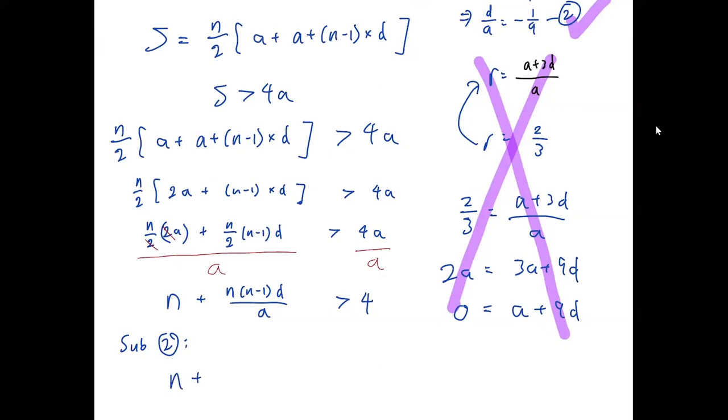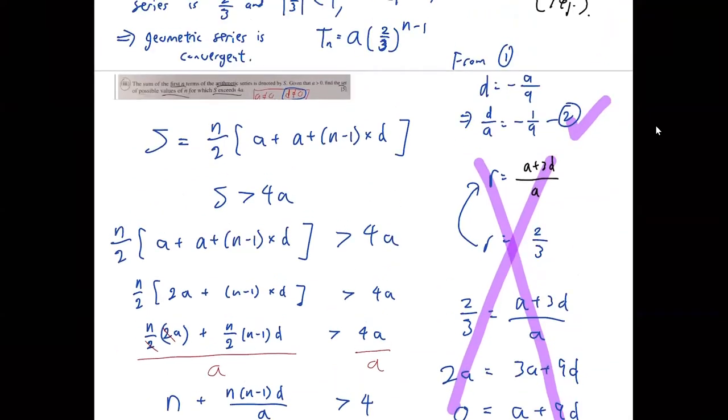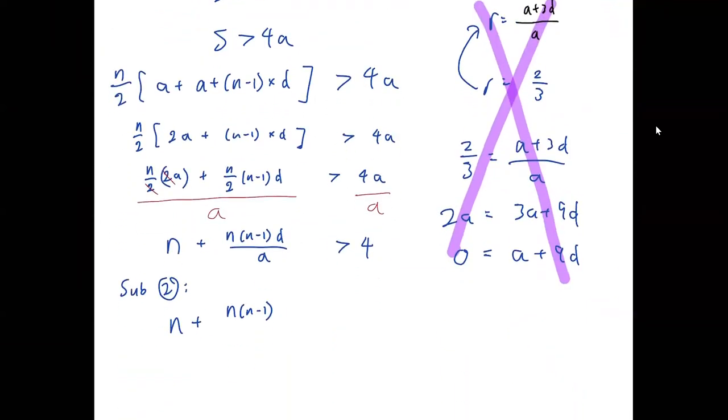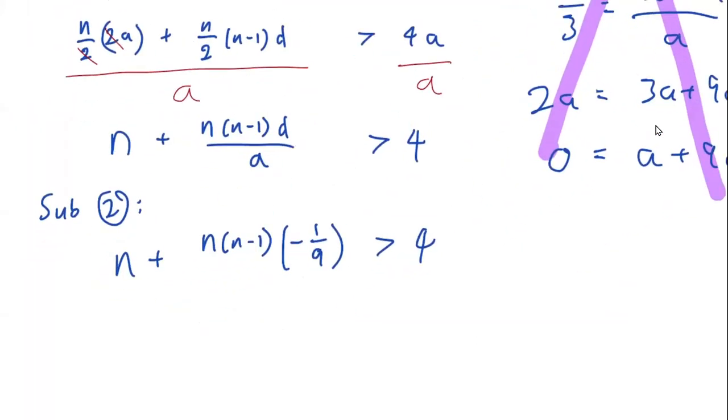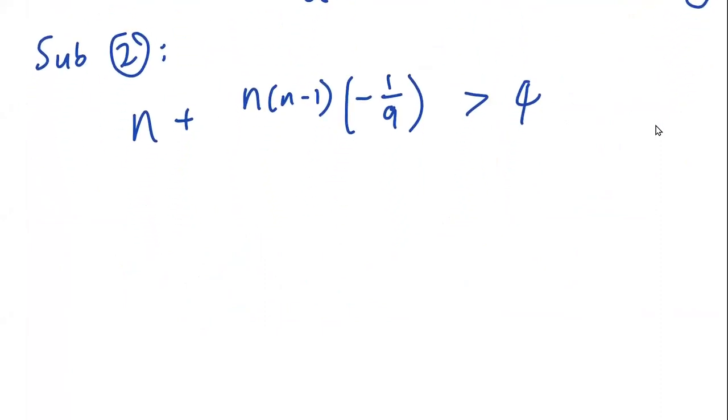I'll get n plus n times n minus 1, the d over A becomes negative 1 over 9. Wow, no more d, no more A, just purely in terms of n, then I can solve for my set of values of n. So now I can multiply throughout by negative. So I get negative n, and this negative disappears, it becomes positive.